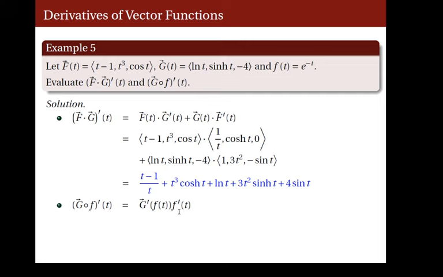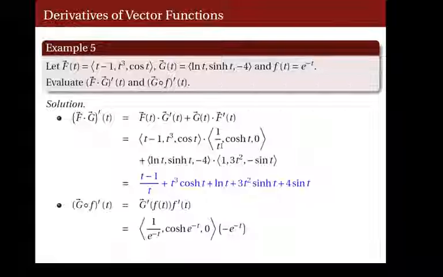So we need the derivative of g, which is the vector (1 over t, cos of t, 0). If we plug in the small function f of t, we get 1 divided by e to the negative t, cos of e to the negative t, and 0 as our third coordinate.